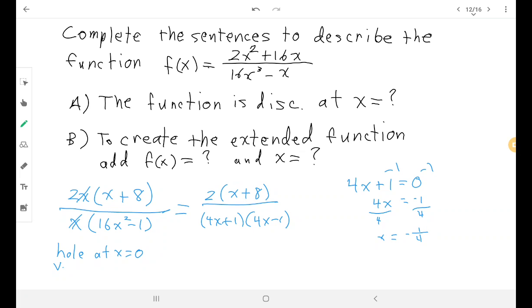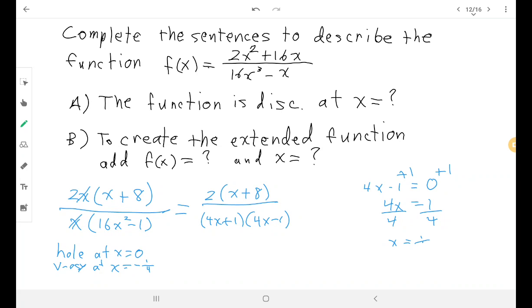So a vertical asymptote at x equals negative 1/4. And then I can do the same thing with 4x minus 1 equals 0. For that one, I would add 1 to both sides and have 4x equals 1, divide by 4, and have x equals 1/4.